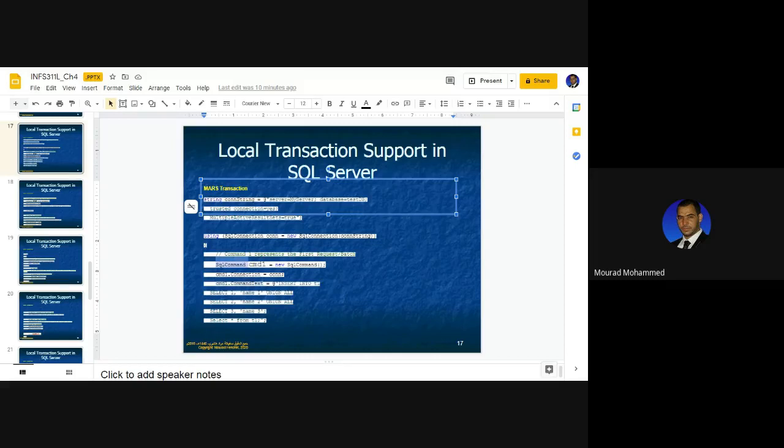Its content is inserts: insert row number 1, insert row number 2, insert row number 3, insert row number 4, and so on.